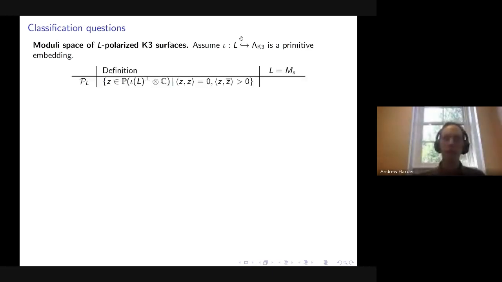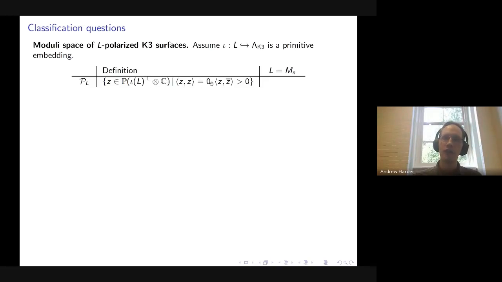Okay, so I'm going to give you a very brief overview of the moduli space of lattice polarized K3 surfaces. I'll define this, which I'll call PL. This is all points Z inside of the projective space given by taking the orthogonal complement of the image of iota and tensoring with C. This is a projective space of dimension, if L has rank something, 22 minus the rank of that, then subtract 1.